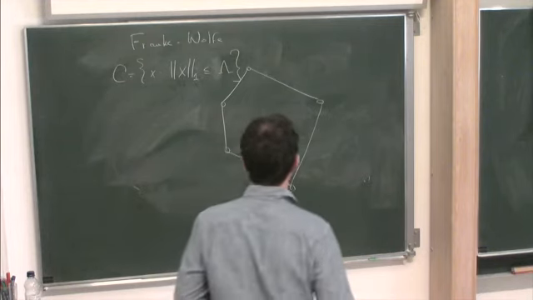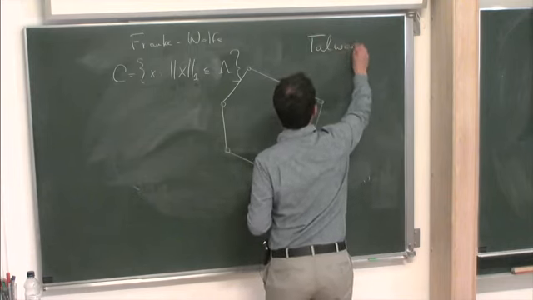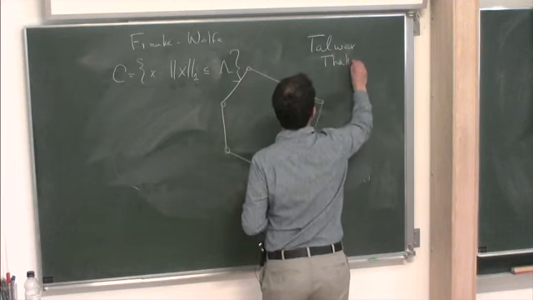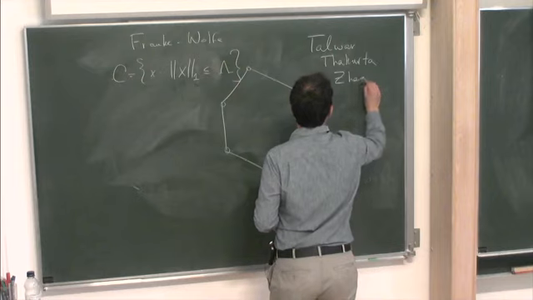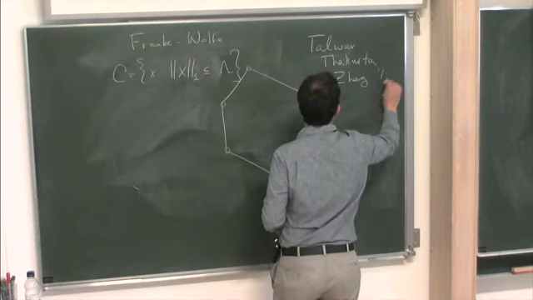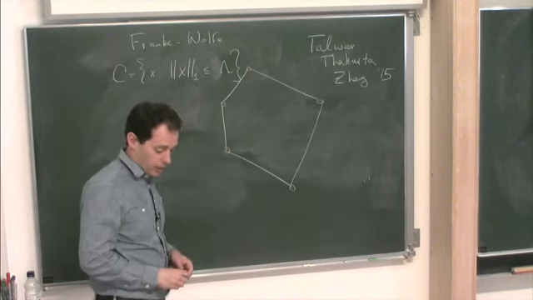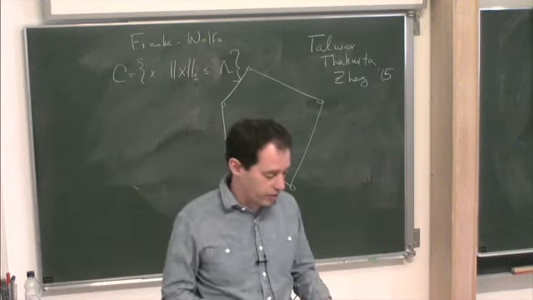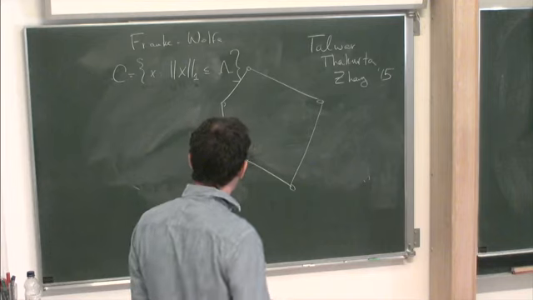So there was a nice paper by Talwar, Thakurta, and Zhang on how to exploit this sort of additional structure, and they do so by modifying this Frank-Wolfe algorithm.